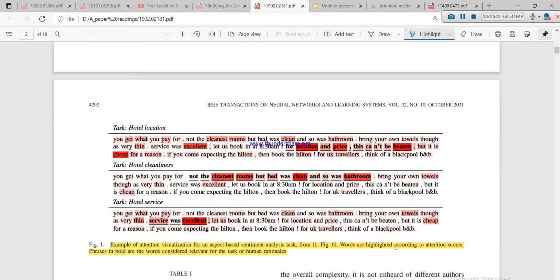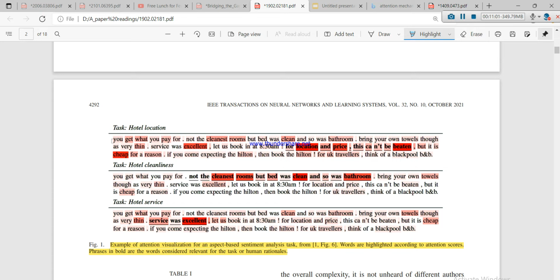In this context, more attention means more weight, and more weight is shown by color, a hard, bold color. Take the sentence "you get what you pay for."